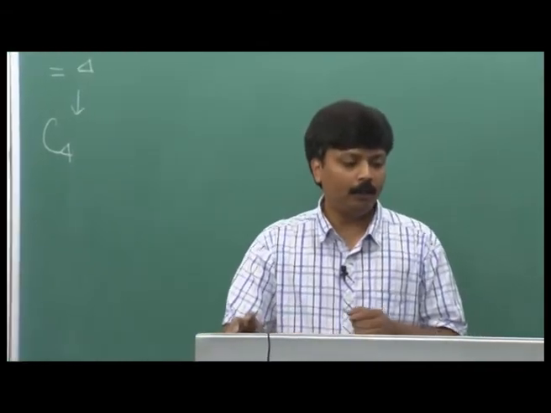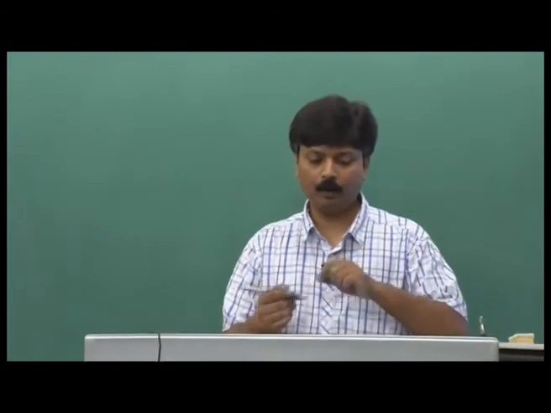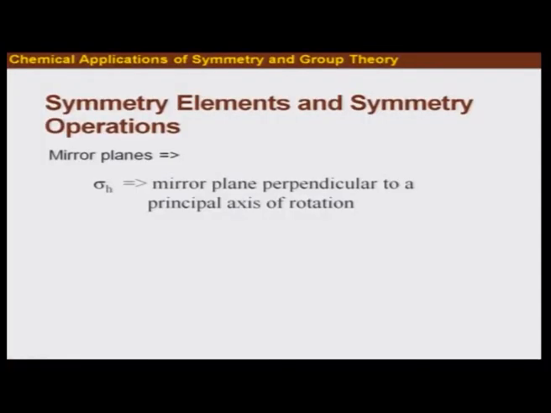Now, this reflection operation, or the mirror planes, are denoted by the symbol sigma. So, all the planes of symmetry are denoted by the symbol sigma. Now, there can be different types of sigmas. So, we have something special called sigma h, sigma subscript h.